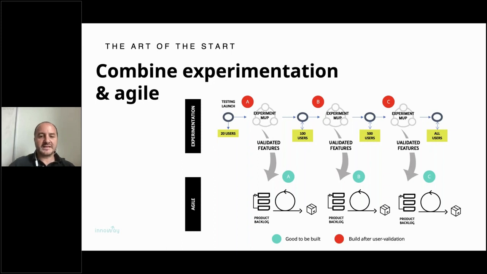Once you have validated that, you can easily turn it into the product backlog of your agile team. In that way, you have a very effective way of turning customer needs into features for your product.